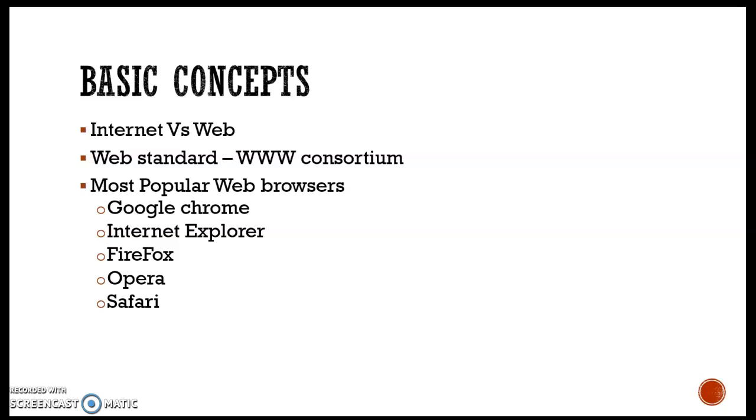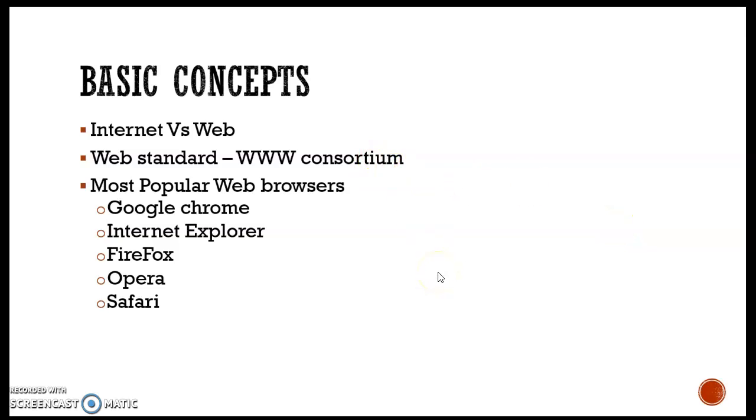Some basic concepts. Compare the internet and the web. You can think of the internet as the hardware part, the network, the connections and accessibility. And the web is the software part, the pages and the sites. So who makes the standard for the web? The W3C, the World Wide Web Consortium, is the organization that gives the standard.